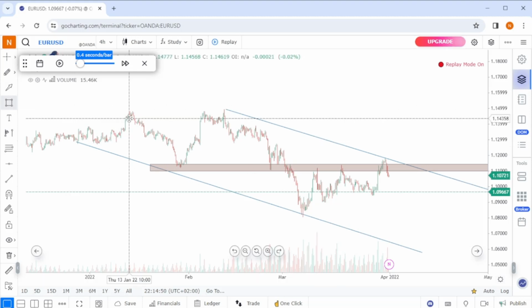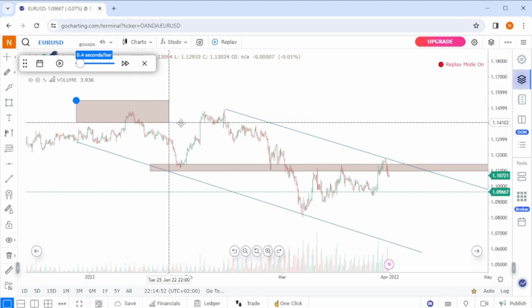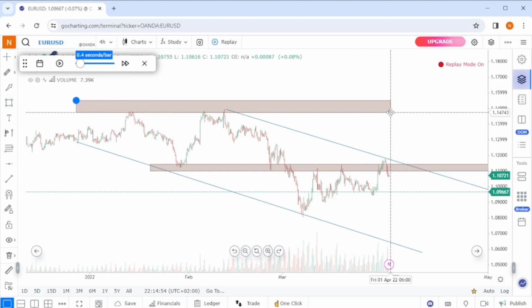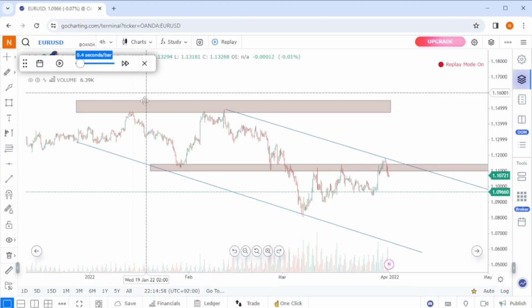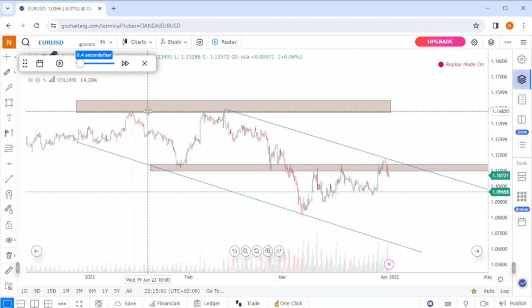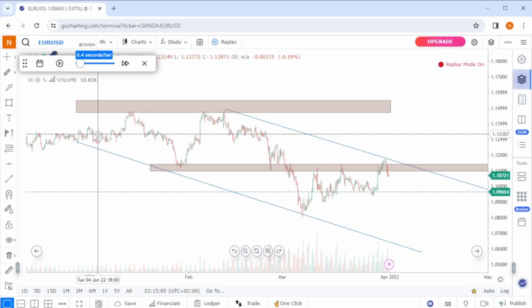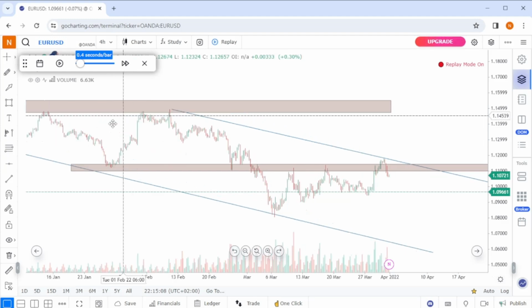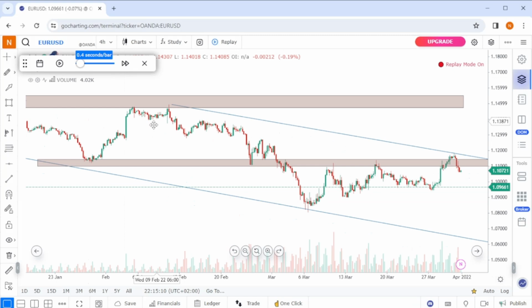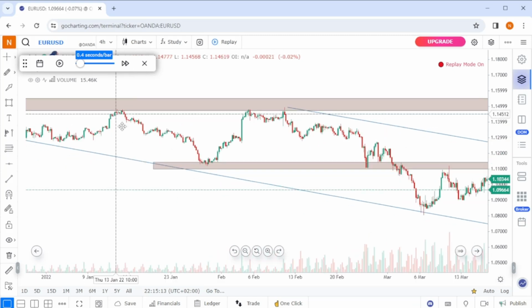Coming to resistance, what is resistance? Resistance is the area where price fails to break above. It's the area where price cannot buy beyond. As you can see, price bought, and when it came here, we got some sort of resistance. Price could not break above.